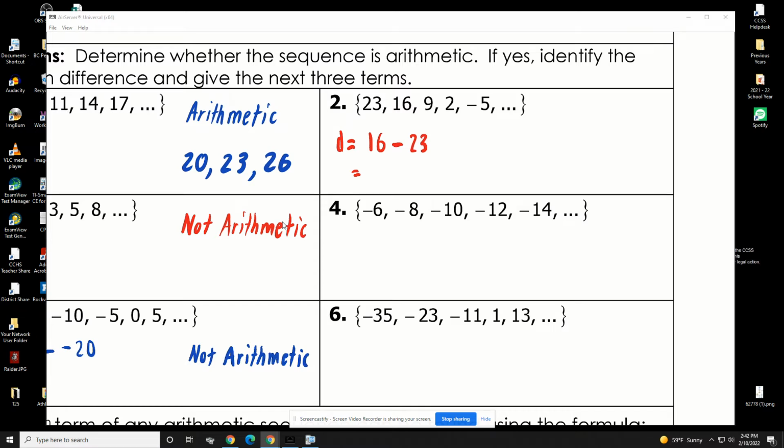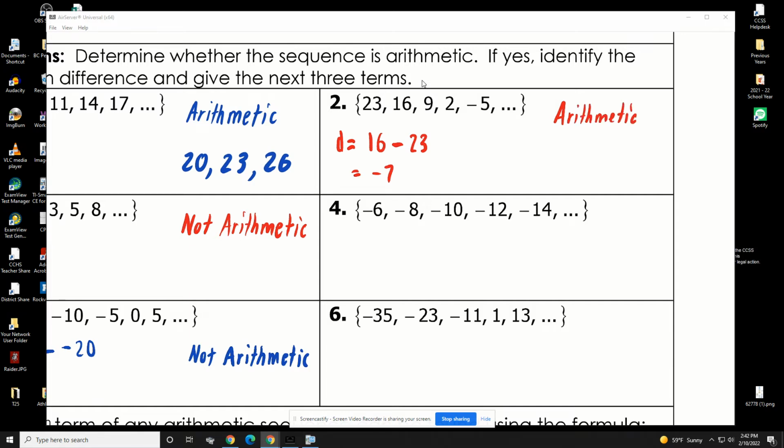The formula is you take the second term and subtract the first term. That's why we do 16 minus 23, and the answer is minus 7. Does it have a common difference of negative 7? Is it subtracting 7 every time? Well, 16 minus 7 is 9. 9 minus 7 is 2. 2 minus 7 is negative 5. So sure enough, this one is arithmetic.